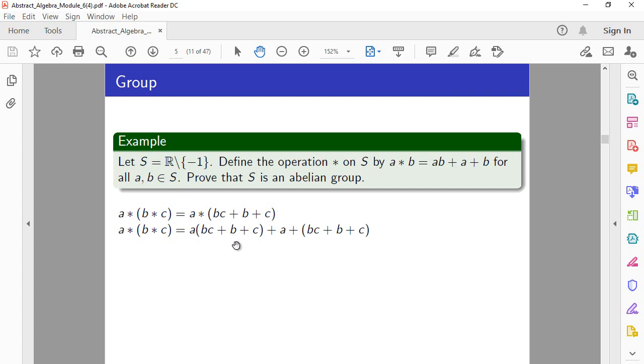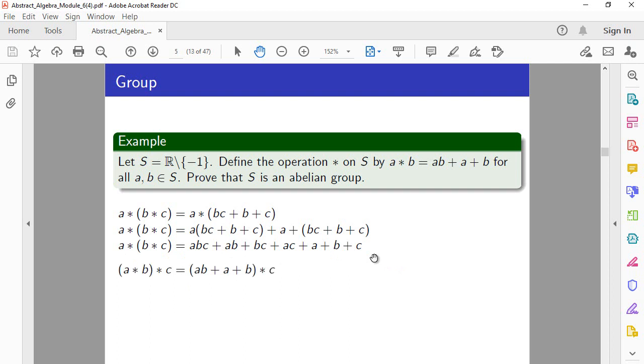So now I get A times (BC plus B plus C) plus A plus BC plus B plus C. Now let's multiply out and then rearrange the terms. If I multiply out, I get ABC plus AB plus AC plus A plus B plus C plus BC. So A star (B star C) is equal to this quantity.